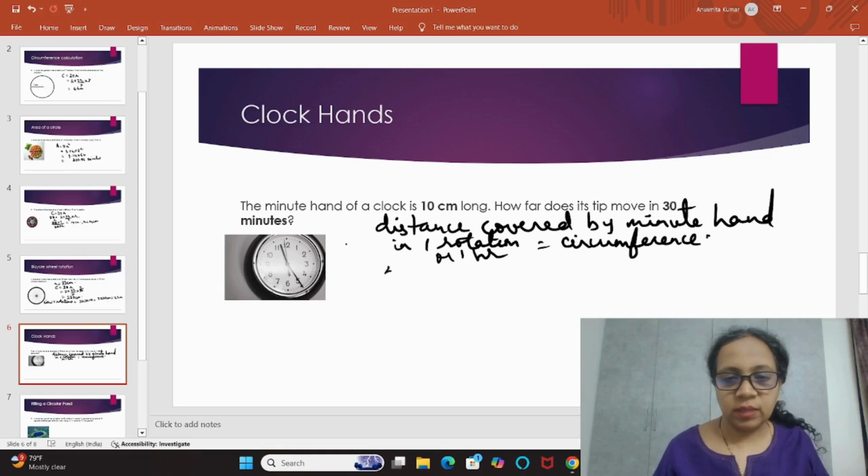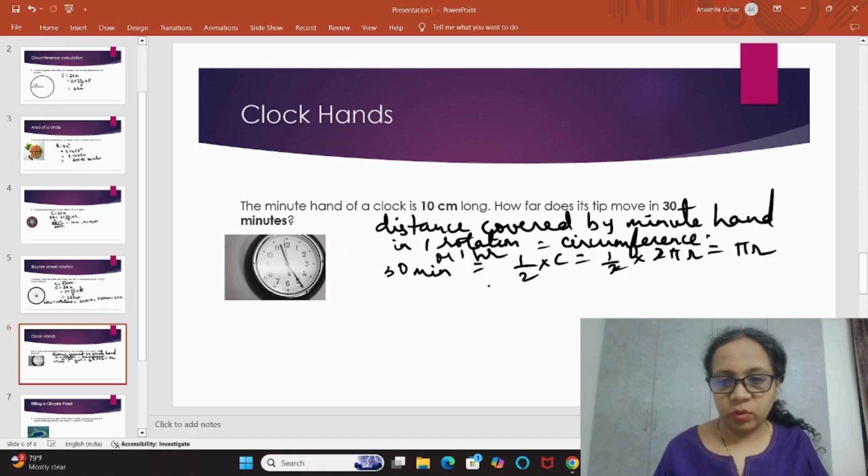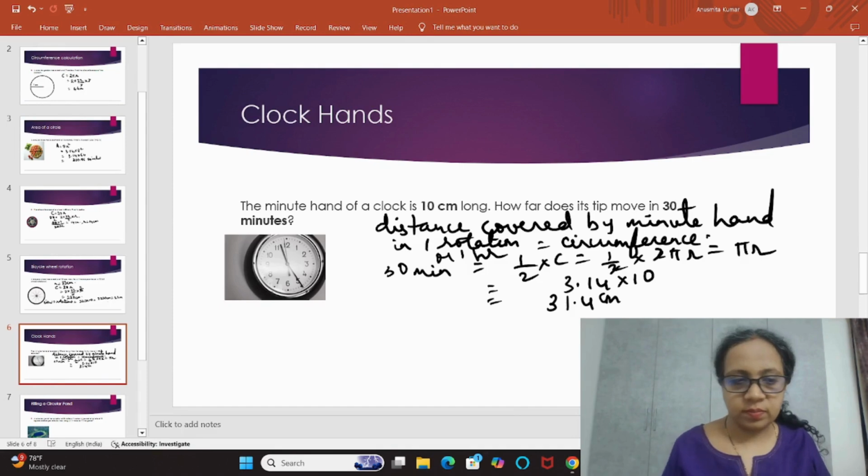So therefore in 30 minutes, it will cover half of the circumference, that is half of 2 pi r, that is pi r. Let's take pi as 3.14. Therefore 3.14 into 10 is 31.4 centimeters.